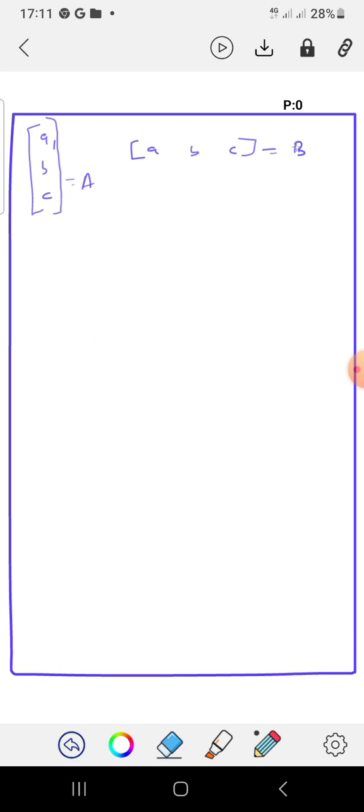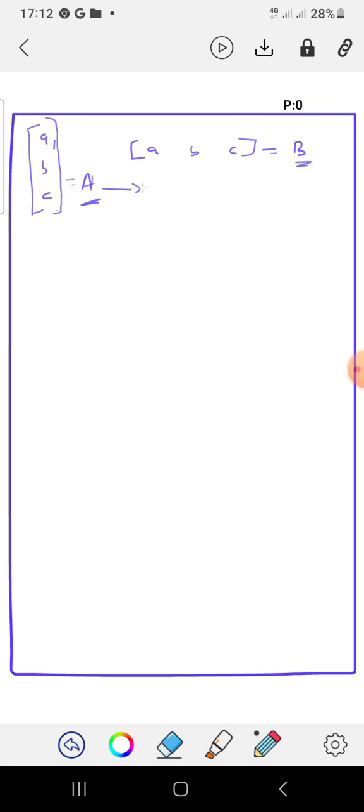How many rows will you say A has? A has 3 rows. So yes, it has 3 rows and 1 column. B has 3 columns and 1 row, but nobody talks about that. So we look at this guy A as a column, and we look at B as a row.